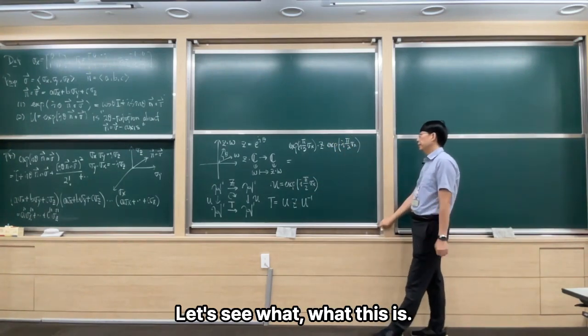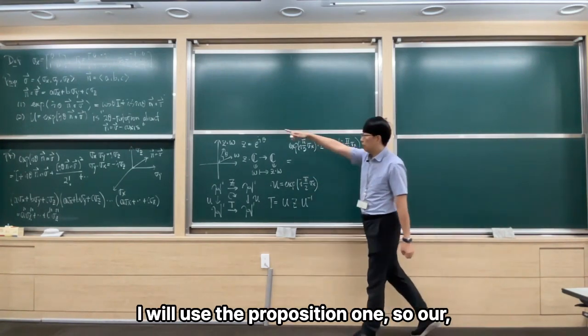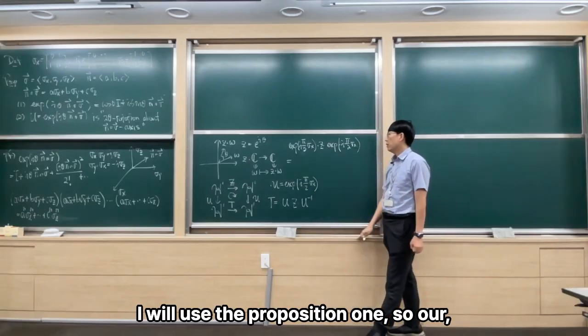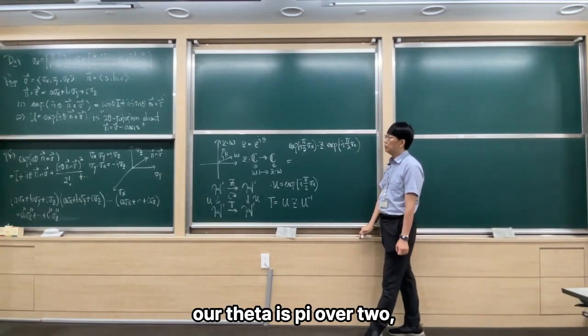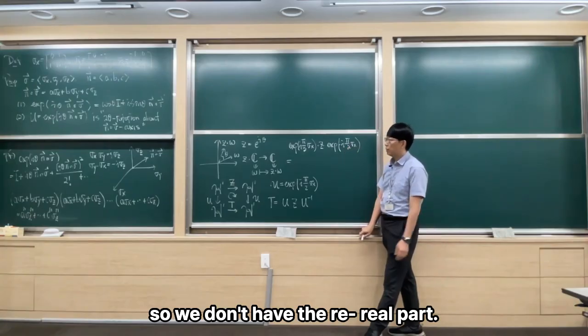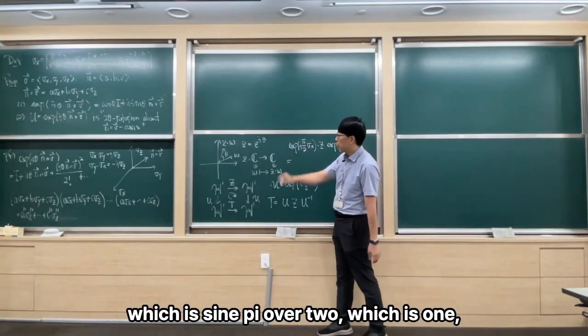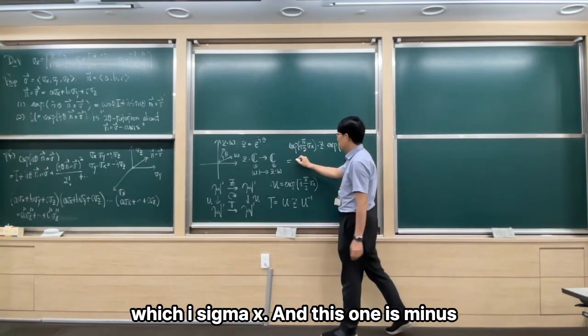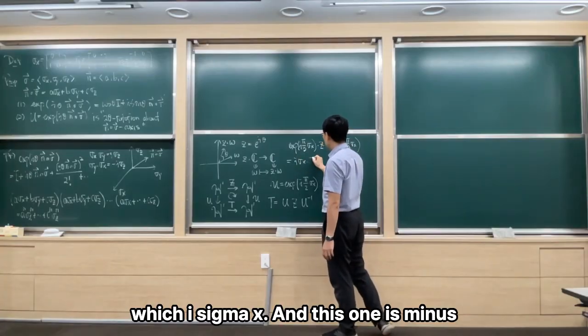So anyway, let's see what this is. I will use proposition 1. So our zeta is pi over 2. So cosine pi over 2 is 0, so we don't have the real part. So only the imaginary part, which is sine pi over 2, which is 1. So it's i sigma x.